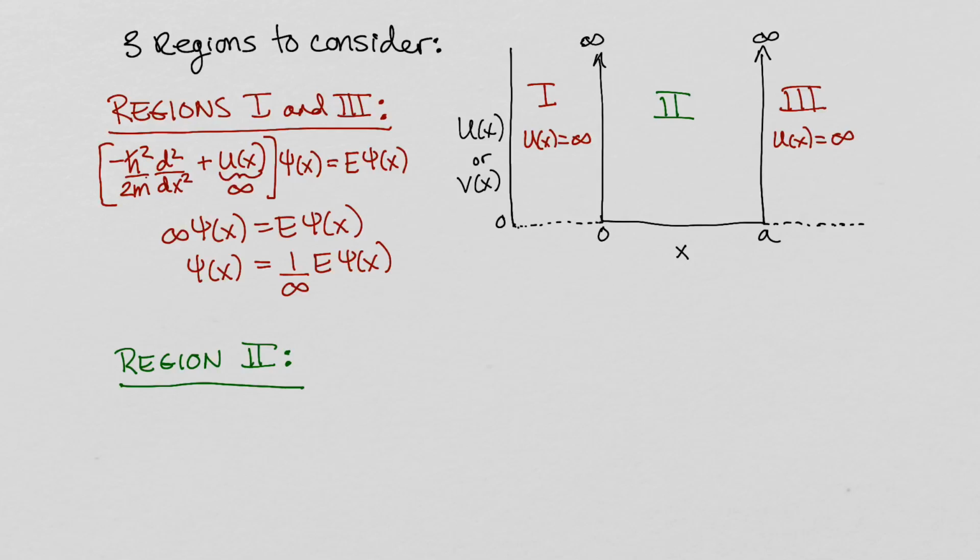Our wave function is now equal to a quantity, our total energy times our wave function, but we are now also dividing it by infinity, due to our potential energy term. Infinity is going to dominate here, so our wave function is basically 1 over infinity, which means that our wave function is basically going to go to 0.